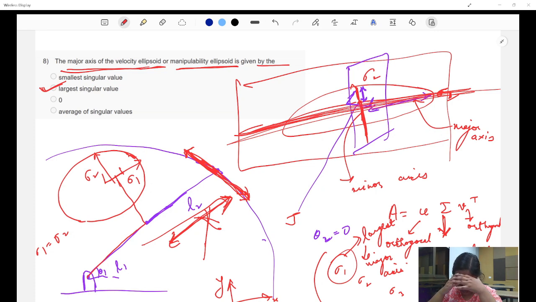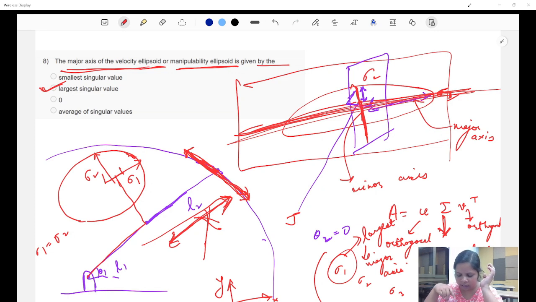You can take it to the first link and then find the torque. That is also one of the ways in which you can solve, apart from Jacobian. The question is to find out the torque acting on joint 2. I think you'll be able to do it using that method. Why I'm saying this is because this is a method that was covered in the lecture.